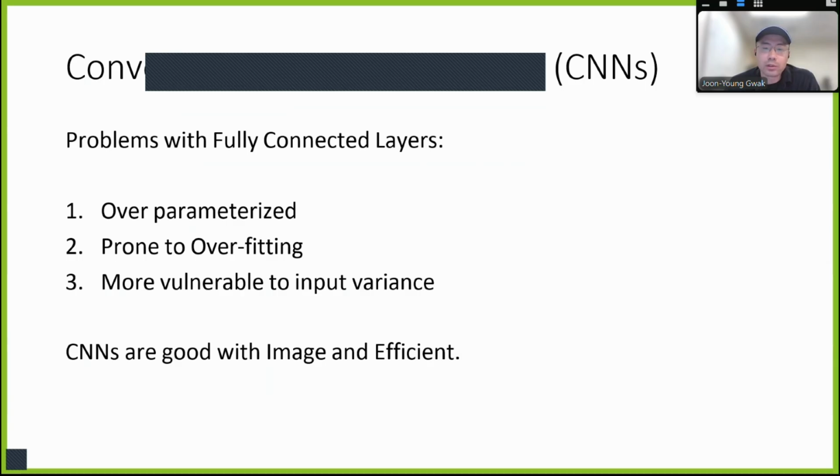So that also is no longer considering the spatial structure, which motivated the convolutional neural network approach, which considers the spatial structure by using filters. So any questions on this part? Okay.